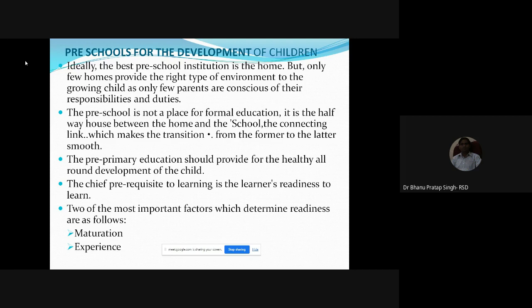To make the child ready, there are two important factors: one is maturation and second is experience. From age 0 to 6, preschools play a very important role in making the child mature and ready to go to school. And by the experiences attained in preschool, the child also joins school happily.